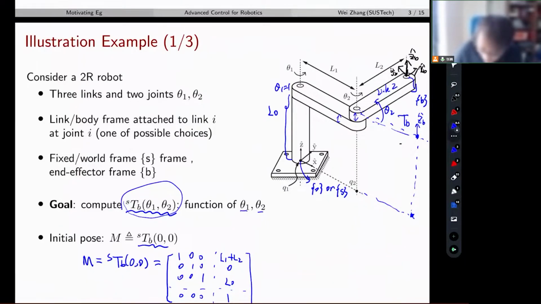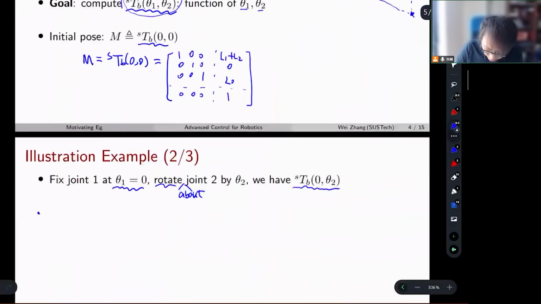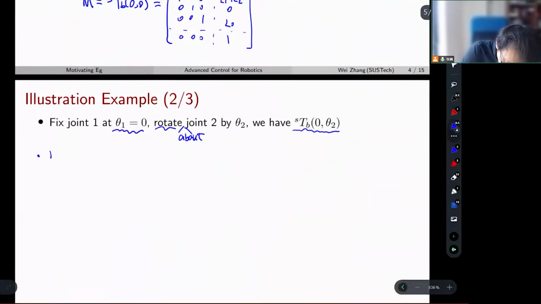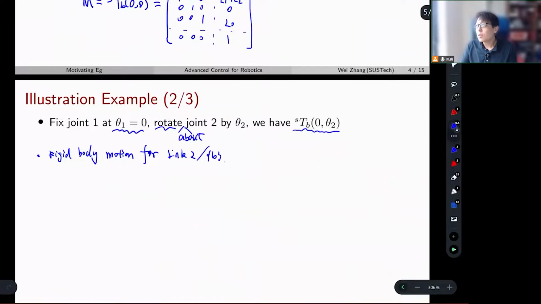So rotate B about this joint by theta2 degree. This is a rigid body motion. This induces a rigid body motion for link 2, and of course for B as well, because B is rigidly attached to link 2, so they're the same.